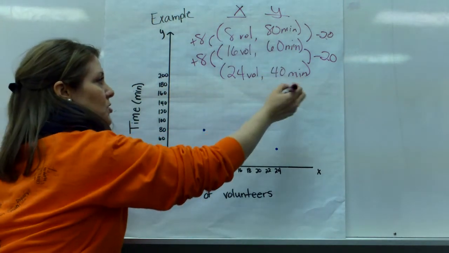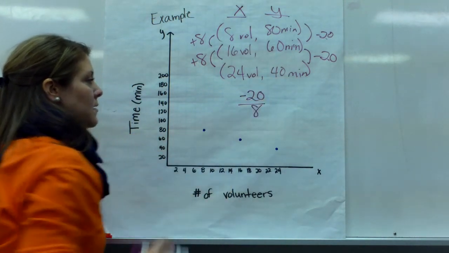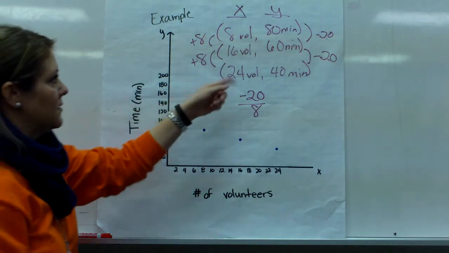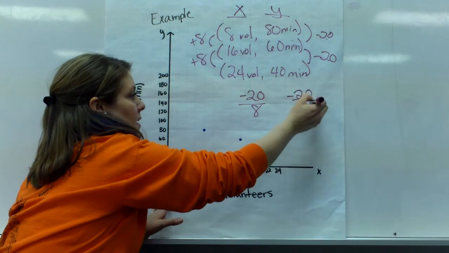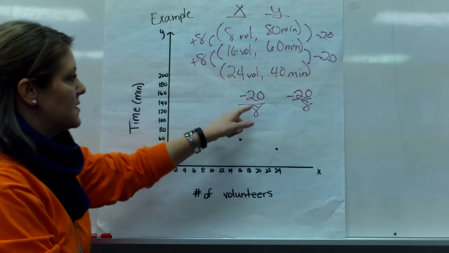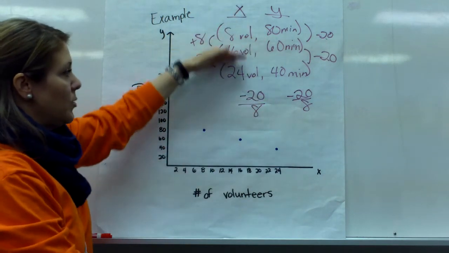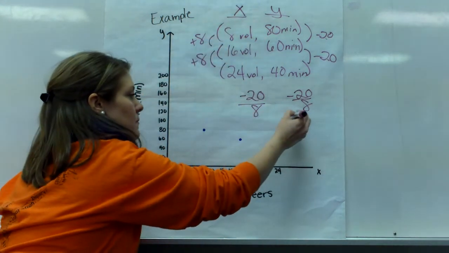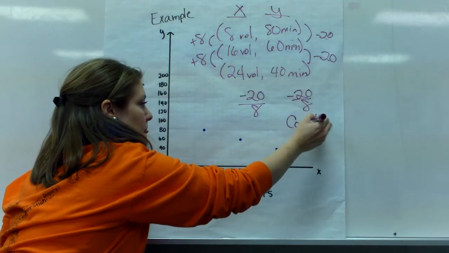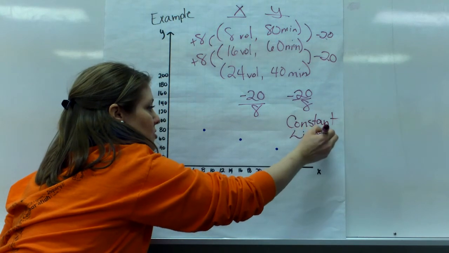So the two ratios we have, negative 20/8. And in the second situation, we also had negative 20/8. Since that is the same ratio, this will be a constant rate of change, which means that this is a linear situation.